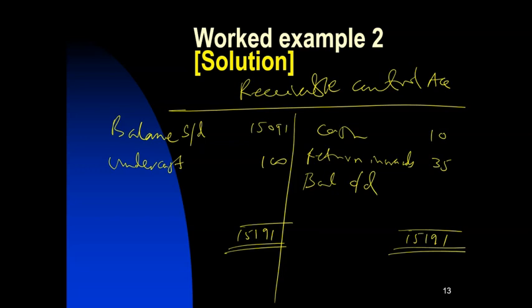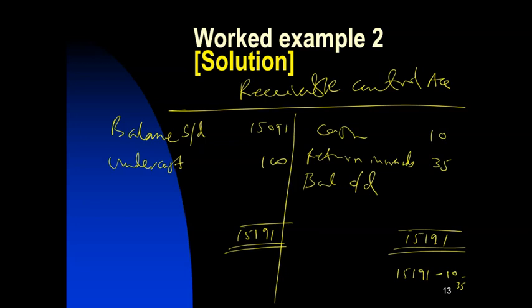How do we find this balancing figure? You say on your calculator, 15,191 minus 10 minus 35. And you must arrive at the balancing figure.